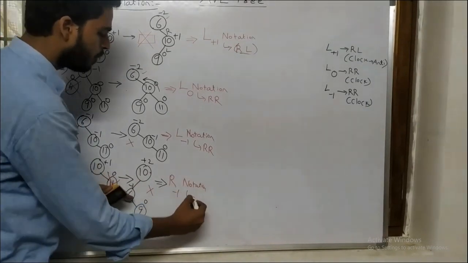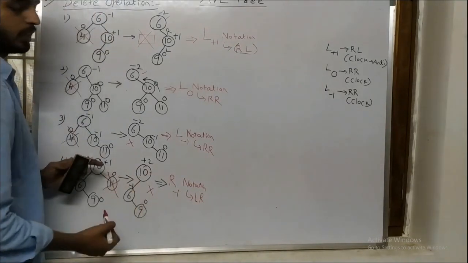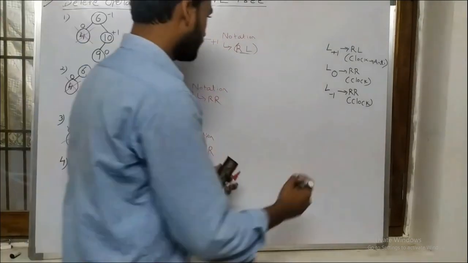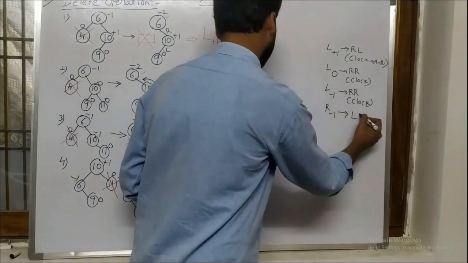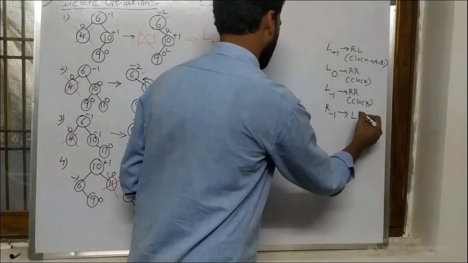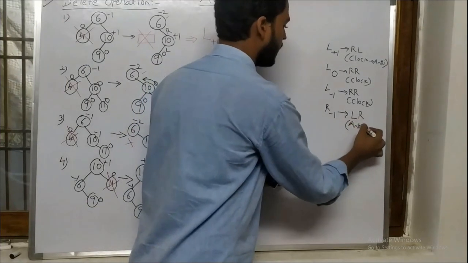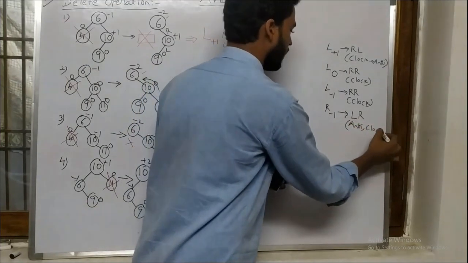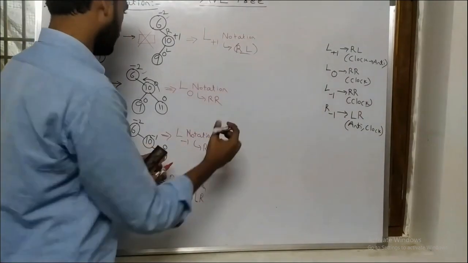When we get R minus 1 notation, we need to apply LR technique because its structure looks like this. LR means first you apply anti-clockwise, then clockwise. Okay, fine. Let's take the next case.